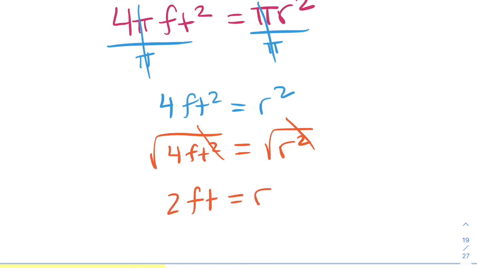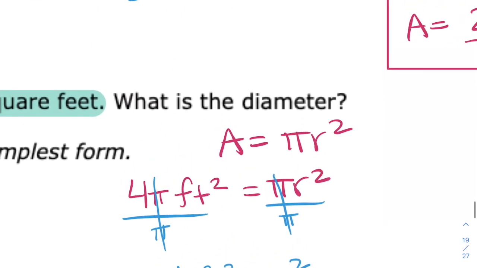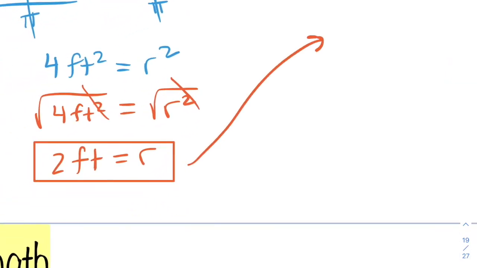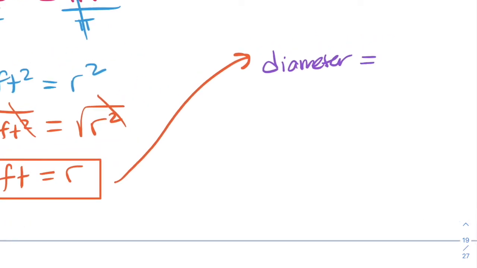So the radius is equal to 2. It wants me to find the diameter. So diameter equals 2 radii, right?